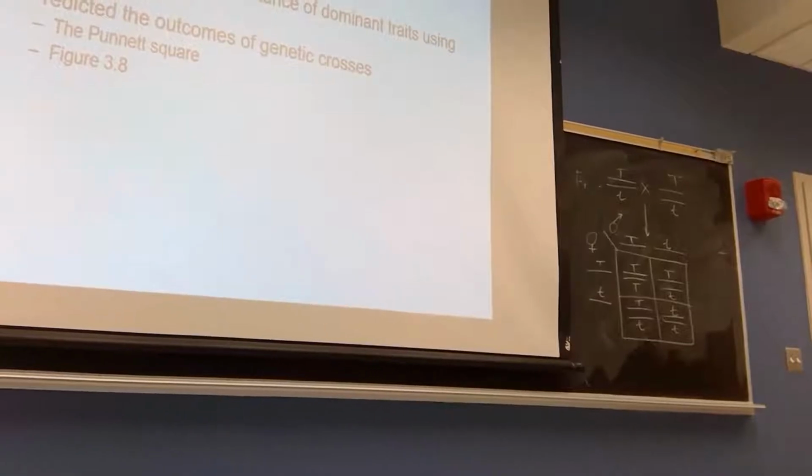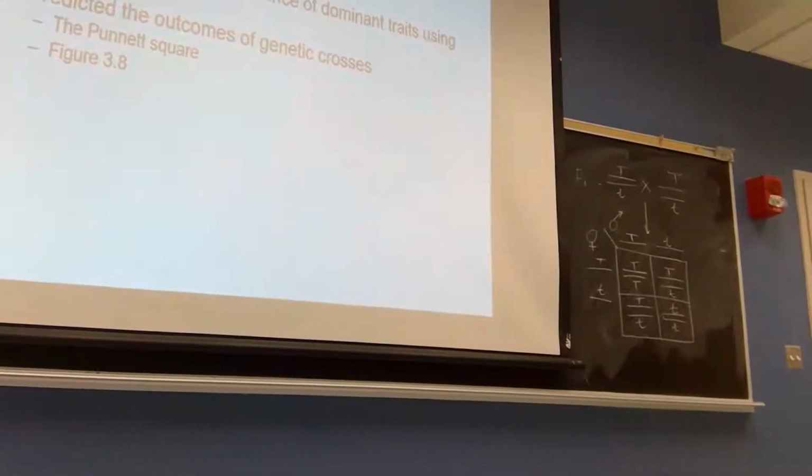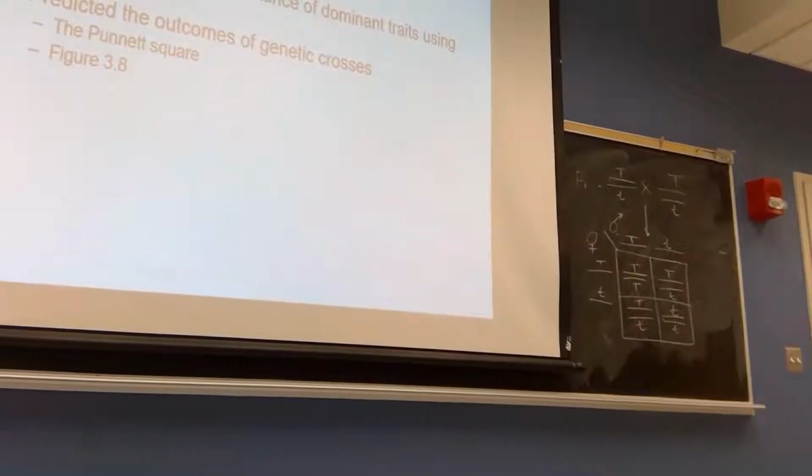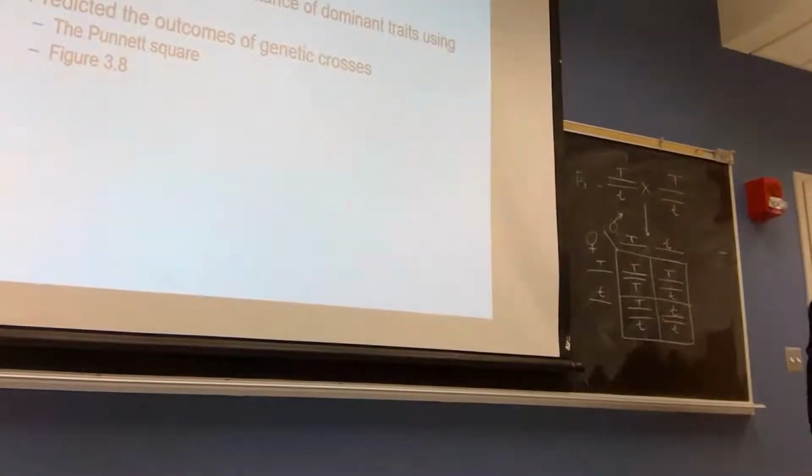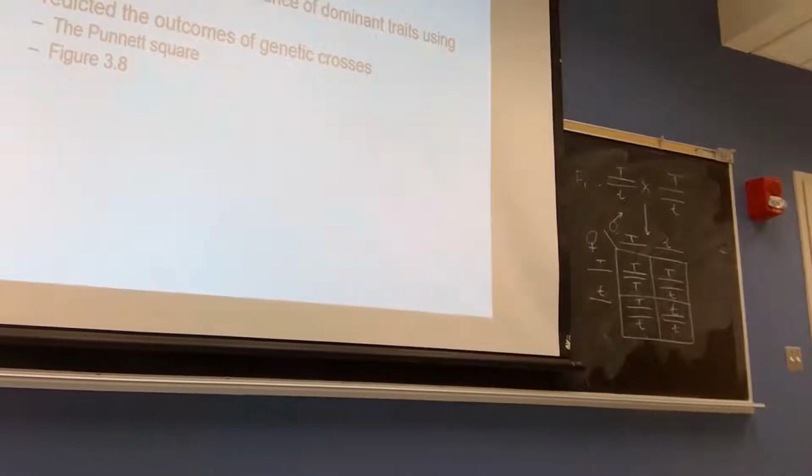So it is easier to understand this way. This is called the Punnett square, which Reginald Punnett devised, and it is easier for us to understand the whole process. Clear?